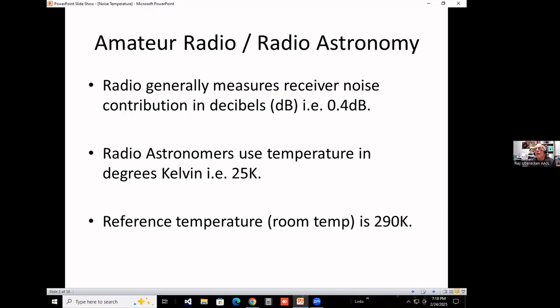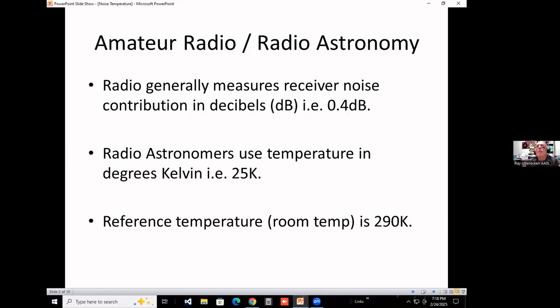We do a little better than that occasionally, but 0.4 is pretty normal for our preamps. And that's pretty much across all the frequencies. We go from about 400 megahertz at the lower end up to a little under 2 gigahertz.